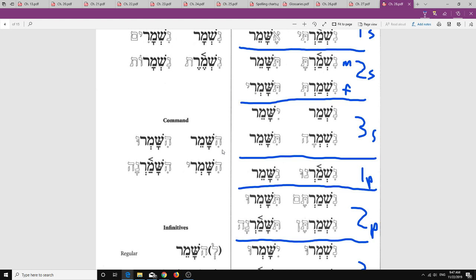Our commands, notice that these forms are still from our imperfect. So here we have signal letters dropping off from our second forms, and in this case, this heh added. And notice again, three distinct vowels and a dagesh in the sheen, the first root letter.